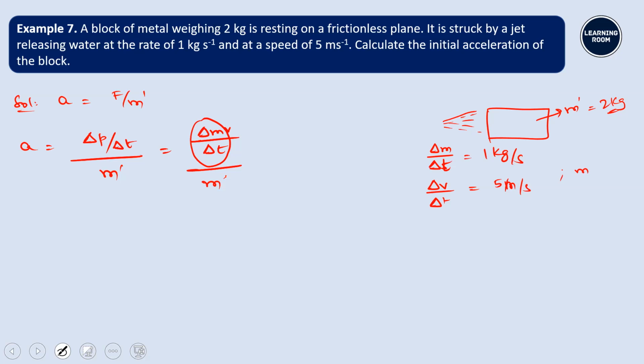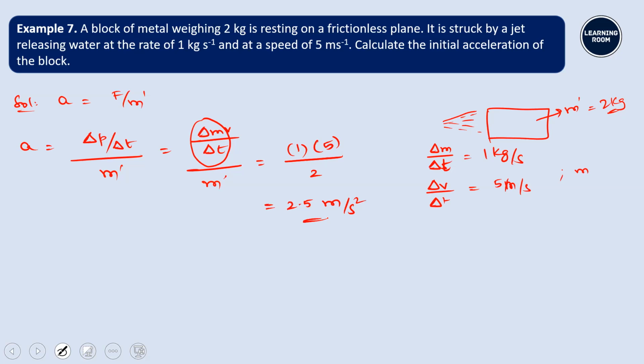Can I do this? Right. So what is delta M by delta T? The rate at which the water is coming out is 1, into the speed with which it is coming is 5, divided by what is going to be the value of M dash? That is 2.